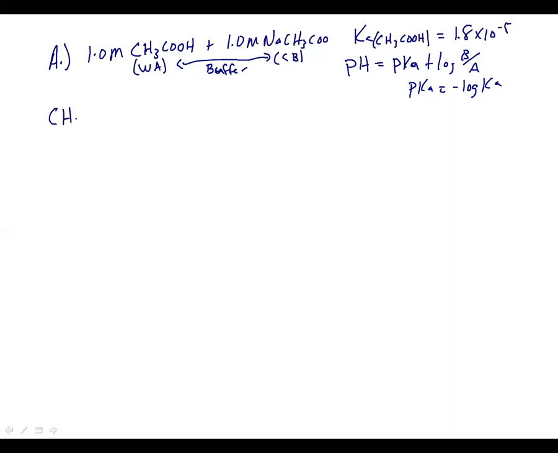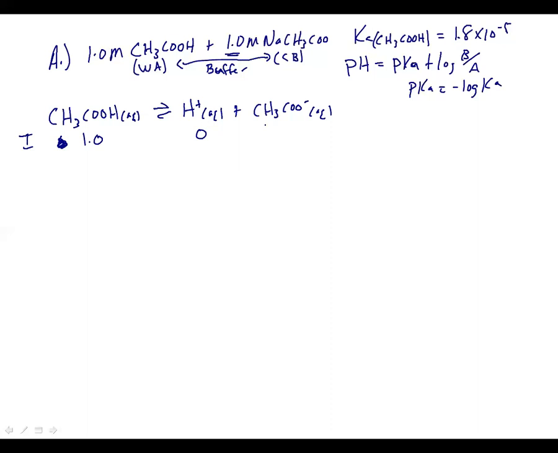If you did the ice table, it would be the weak acid here that would be dissociating into H plus and acetate. Initially, we would have 1, 0, and 1. As we talked about last time, because this is a buffer, initially you actually do have some acetate, supplied by the sodium acetate.